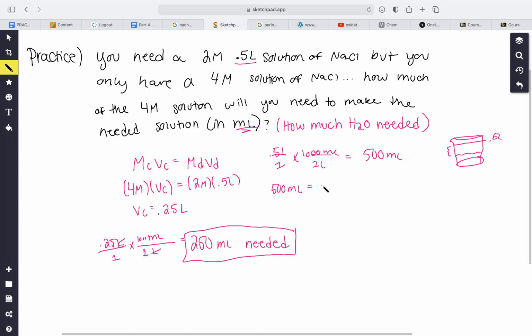So that's going to be equal to what we have, in milliliters, plus what we need in milliliters. So all we have to do is 500 minus 250, again just basic algebra, and we get that there is 250 milliliters of H2O needed for this solution. So you end up doing kind of like half and half, and you'll get the answer that you need.